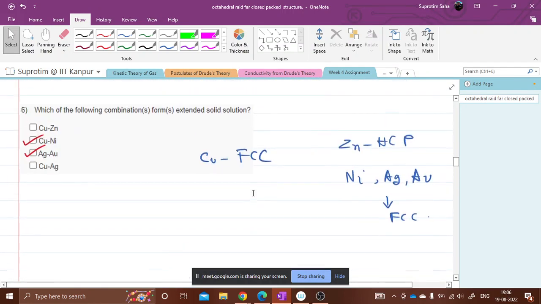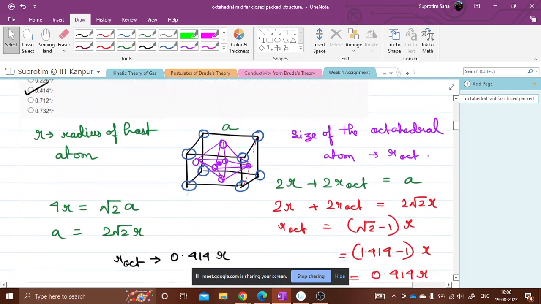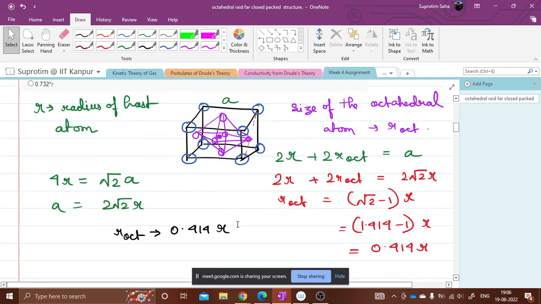Here you found that for an octahedral void, the atom has to be smaller than the host atom. It is 0.414 R. So assuming such a structure, if it's an ordered structure and you are going to put an impurity atom in this octahedral void site, it has to be smaller than the host atom.